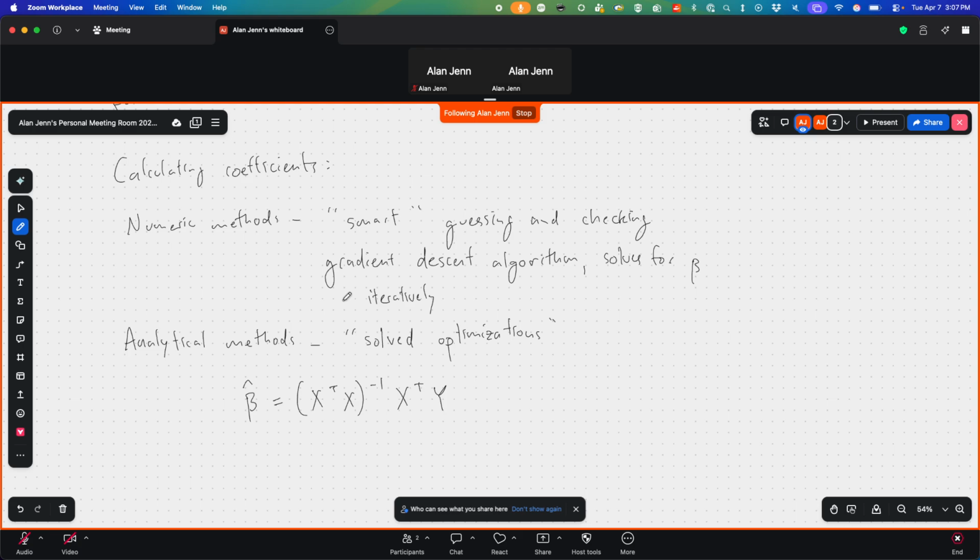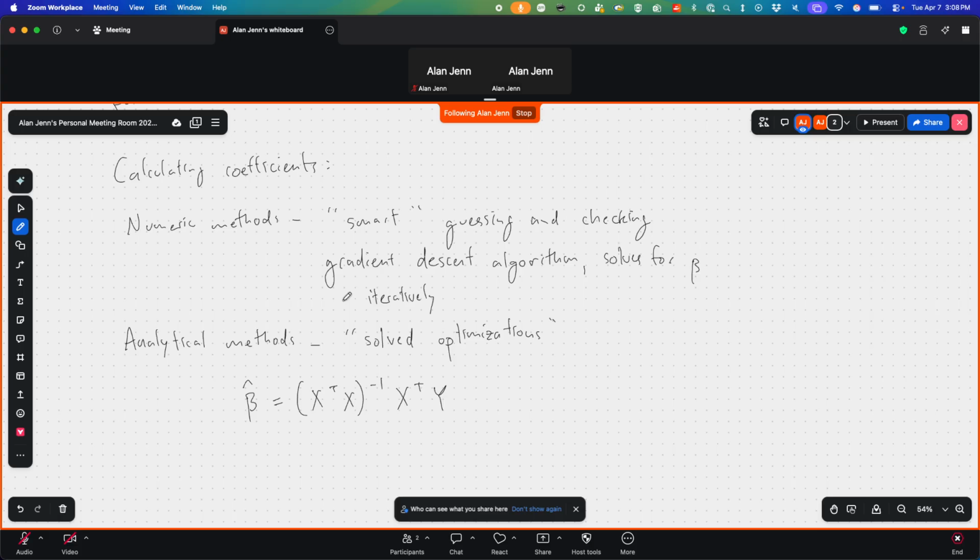So which way is better, the analytical method or the numeric method? The one that has a closed form solution and you just get the values, or the one where we're guessing and checking? What do you guys think? Analytical.